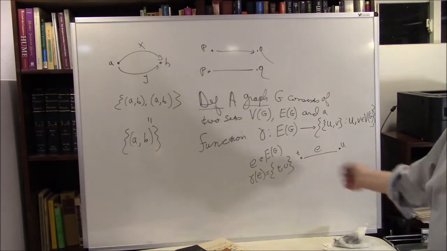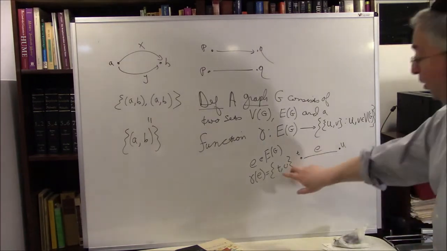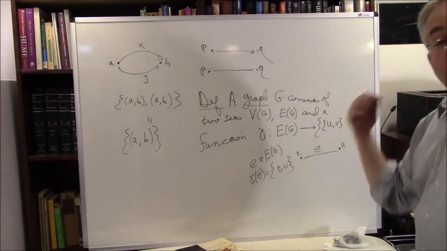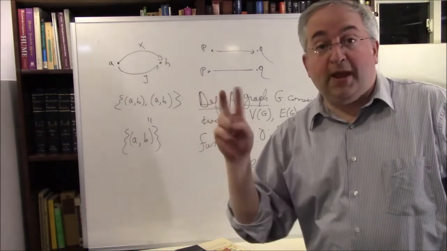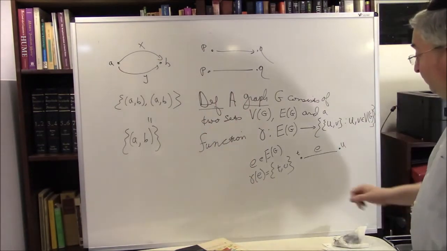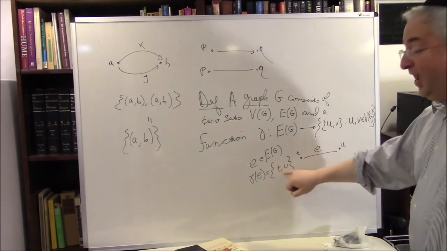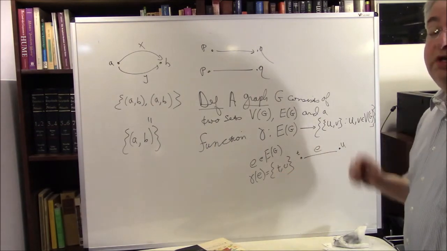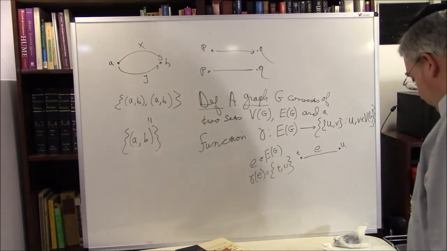I'm not saying who's the beginning, I'm not saying who's the end. The main point is, with directed graphs, order matters. The starting place and the finishing place can be different. But here, order doesn't matter, and when we're dealing with a set, we know that order doesn't matter.